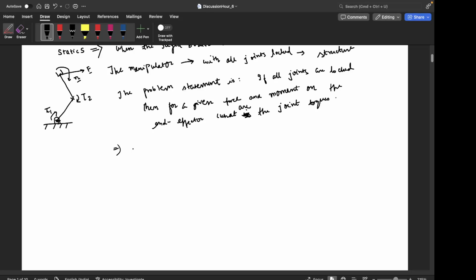So basically what we are doing is balance of forces and moments for each link. So therefore we will use the condition for static equilibrium.